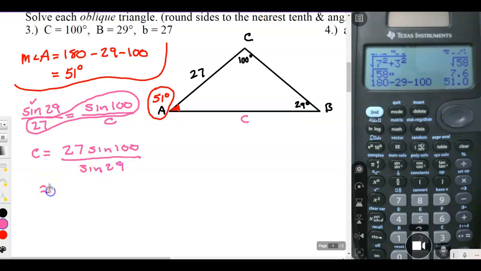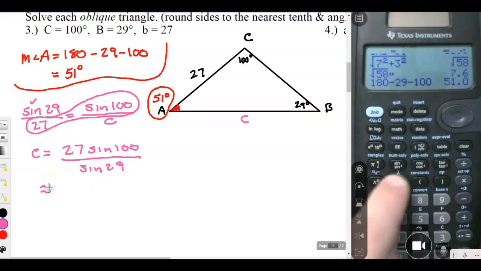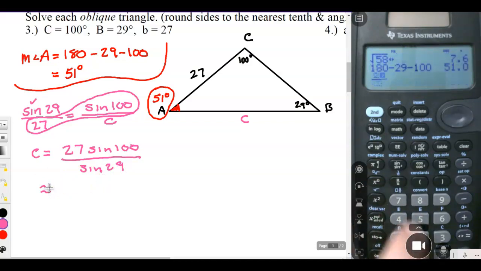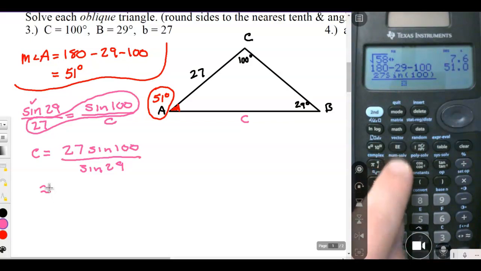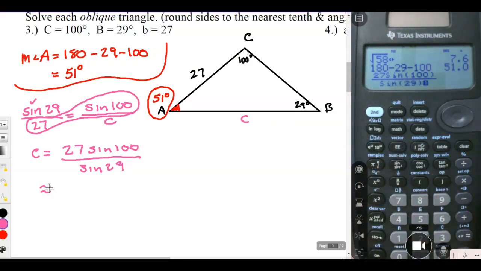Alright, I'm going to put that whole thing in the calculator. 27 sine 100 over sine 29. We got 54.8. Now, of course, if you get some weird answers, double check your calculator, make sure it's in degree mode, but probably should be by now, because we've been doing nothing but degrees lately.